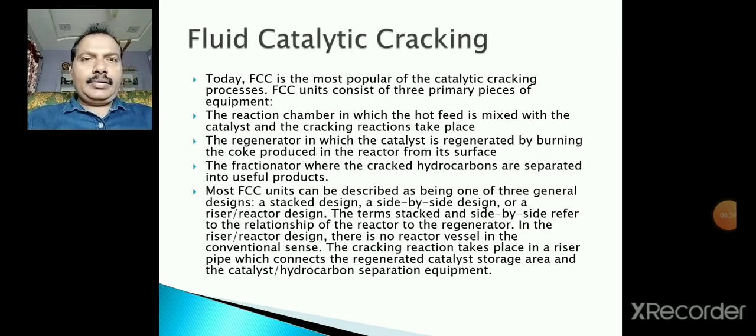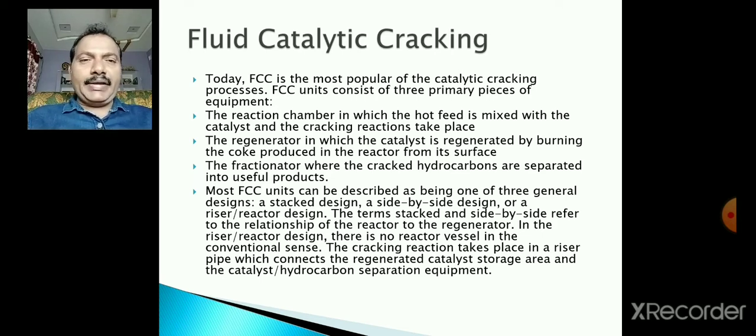Here, in this class, we concentrate on fluid catalytic cracking. Today, FCC is the most popular of the catalytic cracking processes, and FCC units consist of three primary pieces of equipment. That is the reactor chamber, in which the hot feed is mixed with the catalyst and the cracking reactions take place.